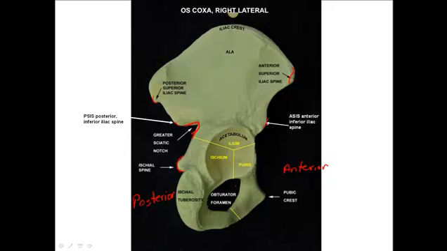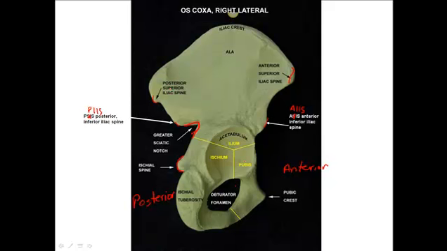And this would be the anterior inferior. It's A-I-I-S. My mistake. Posteriorly, since it's posterior, this is a P-I-I-S. Posterior inferior iliac spine, and this is the posterior superior iliac spine.